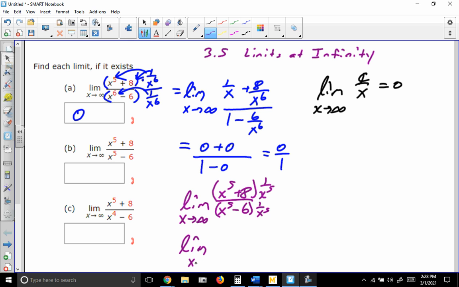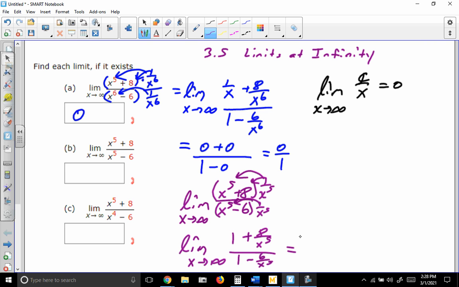So when we do that, then when we distribute here, we would have x to the 5th over x to the 5th, which would cancel, giving us a 1. And then we would have 8 over x to the 5th. On bottom, when we distribute to here, we would have x to the 5th over x to the 5th, which reduces to make 1, and then 6 over x to the 5th.